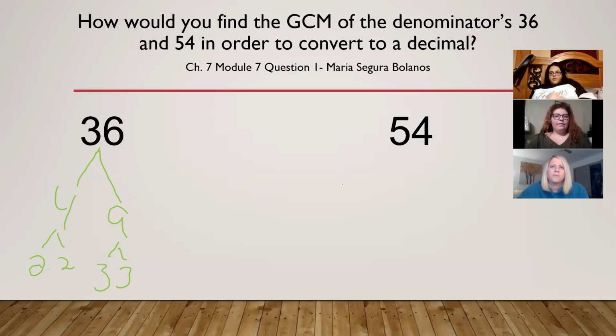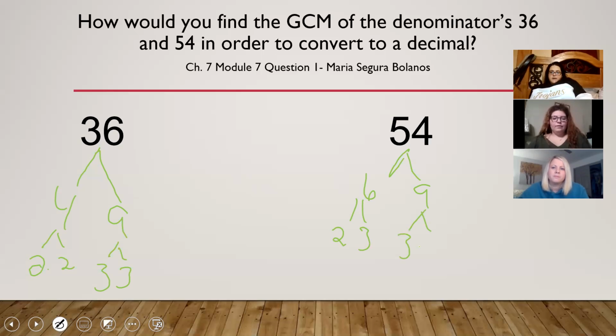Then the same thing for our 54. We're going to go over to 6 times 9 is 54. We break that down to 2 and 3, and then our 9 goes down to 3 times 3. So if you look, the common factors we see are 2, 3, and 3. Those are the common things.